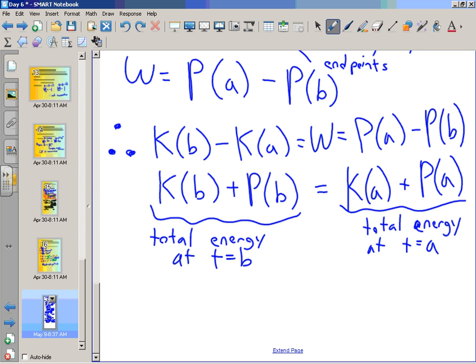And so it tells us that energy is conserved. There's no net loss in energy or gain. Whatever you start with is what you end with.